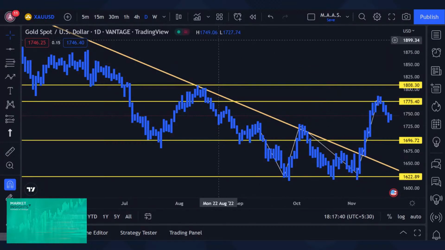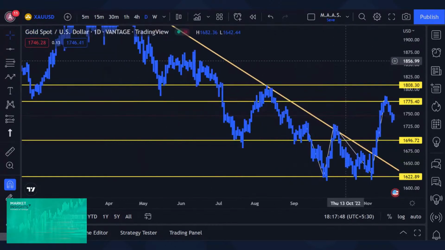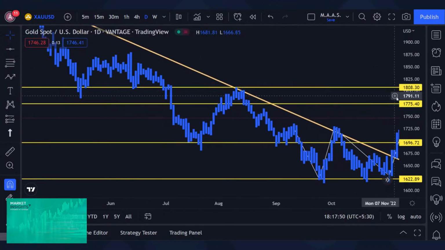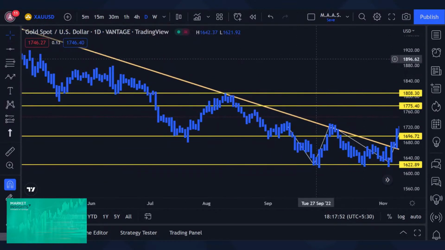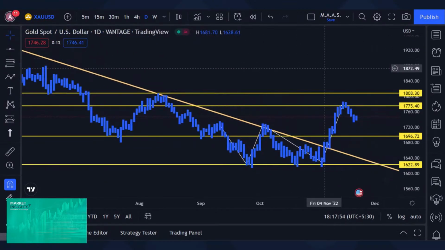Because you get the high number for the day and the low number for the day. Now most of the indicators, you go anywhere in the world, most trading systems and trading plans are completely based on open and closing prices.